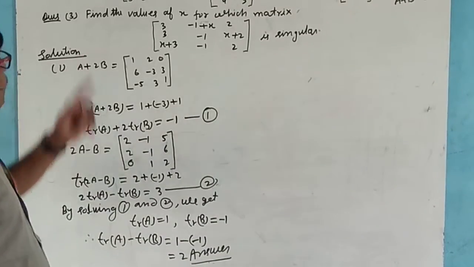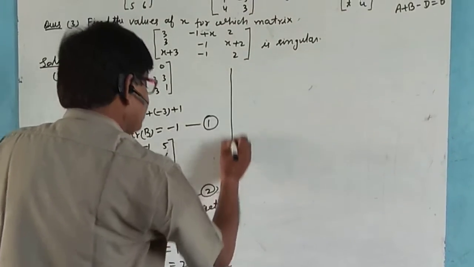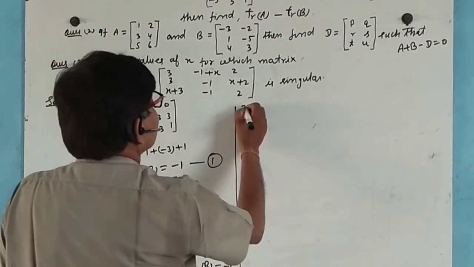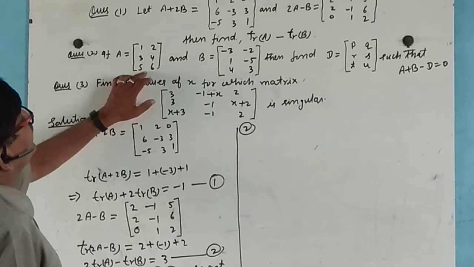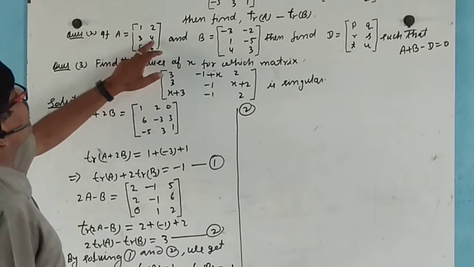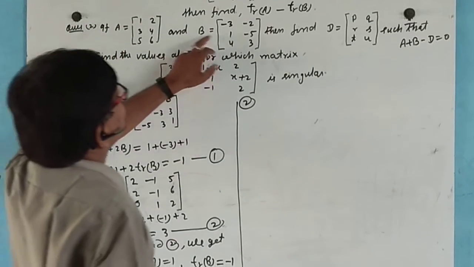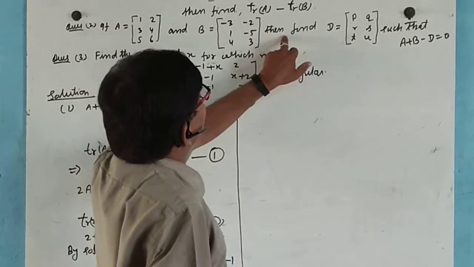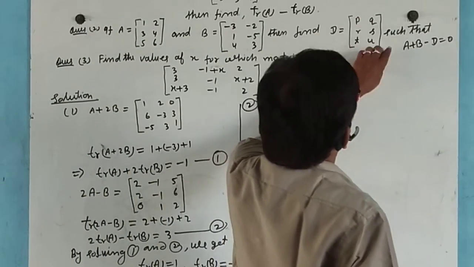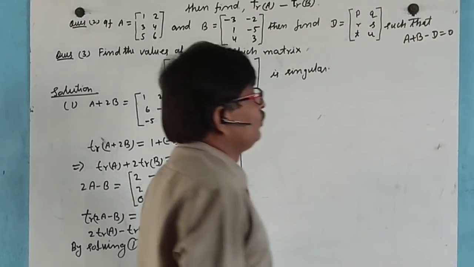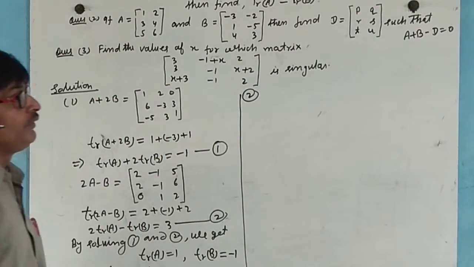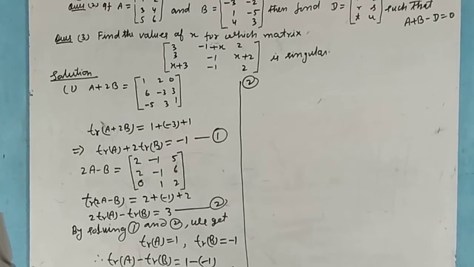Now for question number 2: if A equals this 1, 2, 3, 4, 5, 6, and B equals this, then find D such that A plus B minus D equals 0.